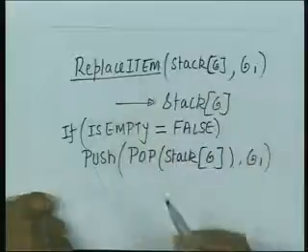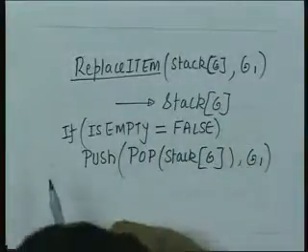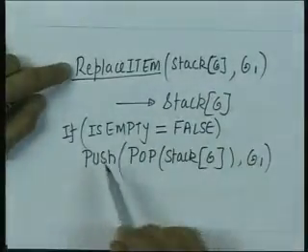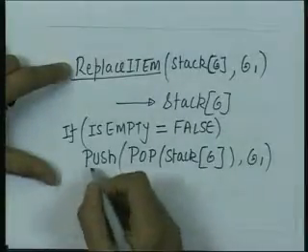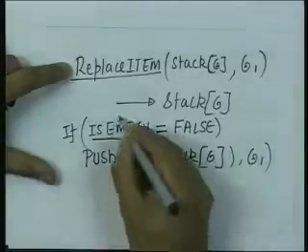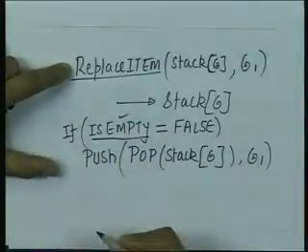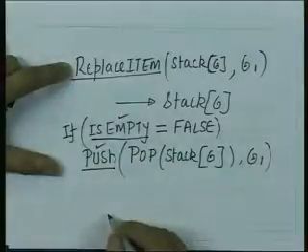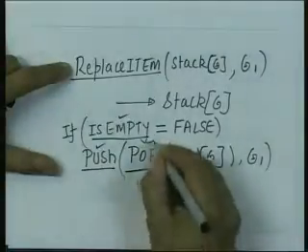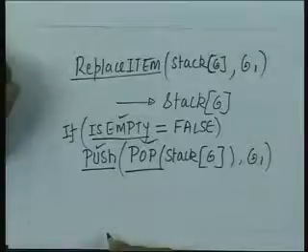However, what we see is that the operation replace item is entirely composed of operations that have already been defined. Is empty already exists within the stack definition that we gave, push exists within the stack definition that we gave, and pop also exists within the stack definition that we gave.